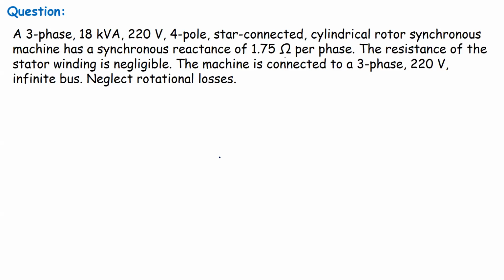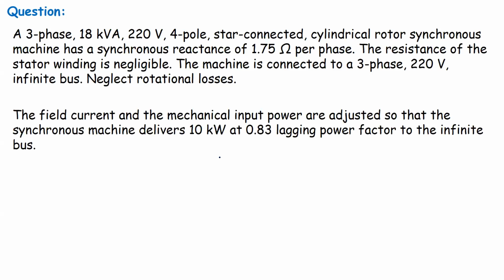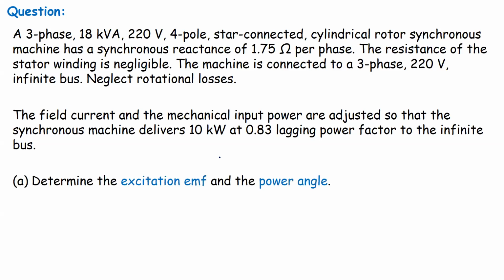Neglect rotational losses. The field current and the mechanical input power are adjusted so that the synchronous machine delivers 10 kilowatts at 0.83 lagging power factor to the infinite bus. Under this operating condition, determine the excitation EMF and the power angle.